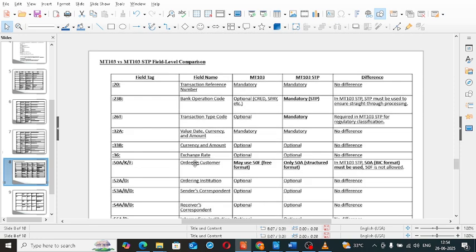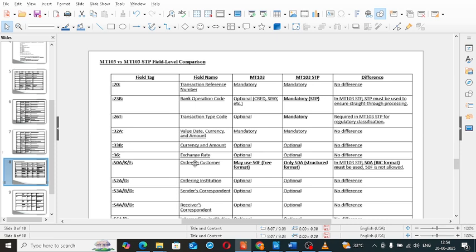Field 20 is a common field for MT103 and MT103 STP. That is the transaction reference number. Whenever you initiate a transaction, a 16-character transaction reference number must be generated. 23B bank operation code is optional for MT103, but for MT103 STP it's mandatory, because you need to highlight which one is an MT103 message and which one is an MT103 STP message.